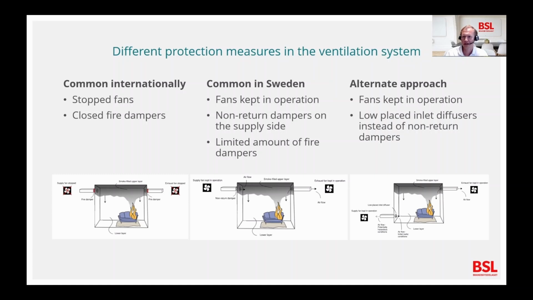A common design is to keep the fans in operation in combination with non-return dampers on the supply side. This leads to a limited amount of fire dampers, and the approach is commonly used in, for example, residential buildings and hotels.